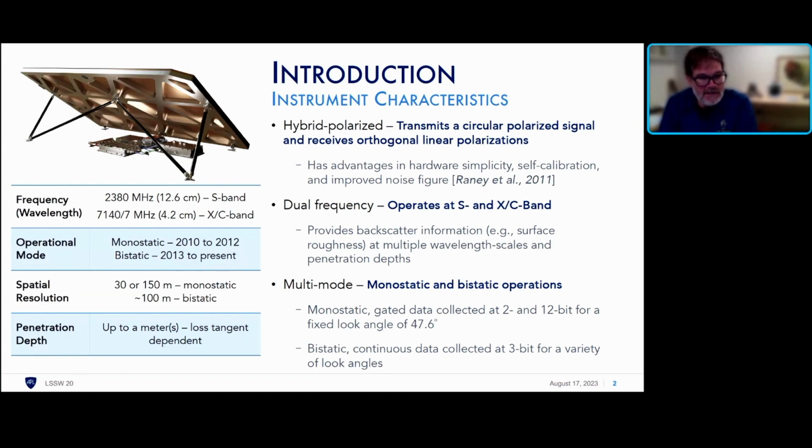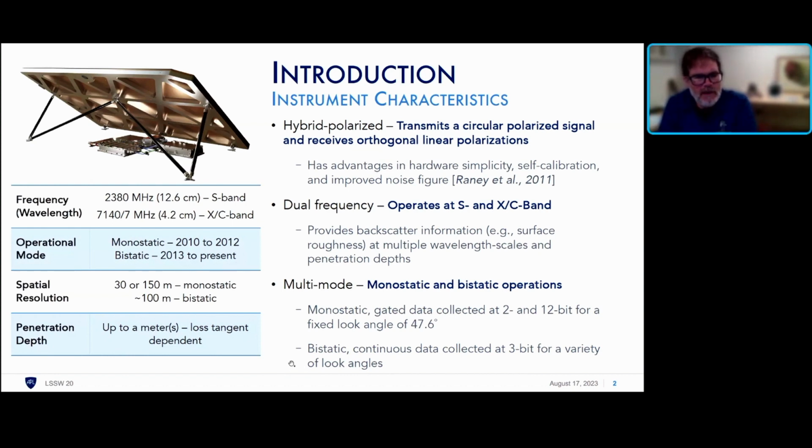So for that monostatic phase, as I mentioned, the transmitter failed after a couple of years in flight. It vastly outlived its lifetime, but we used MinRef a lot more than we thought we would initially. So from 2010 to 2012, we operated in monostatic. In 2013, we transitioned to bistatic mode and are continuing to collect bistatic data through today.